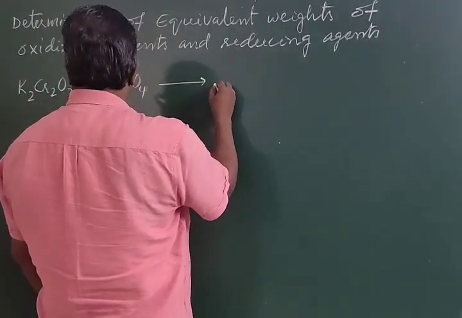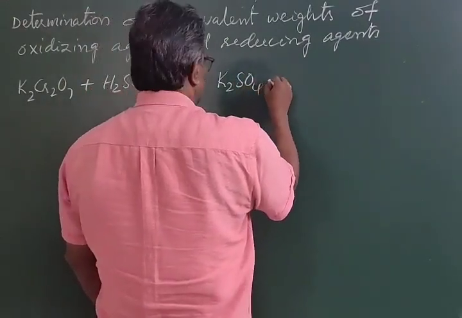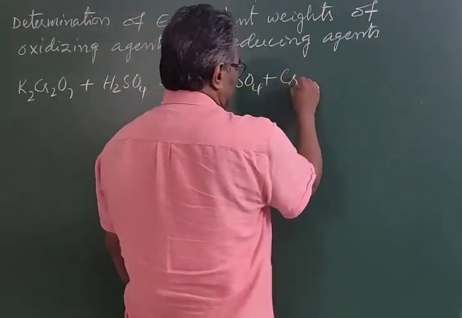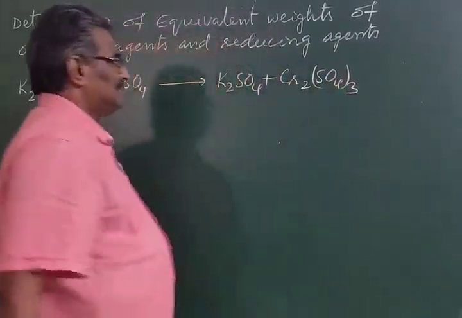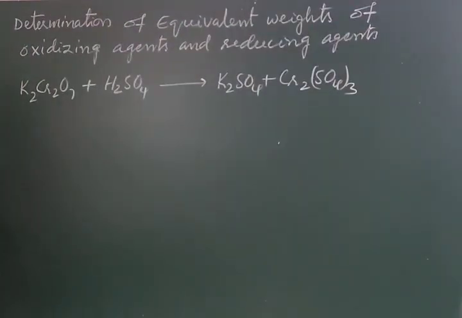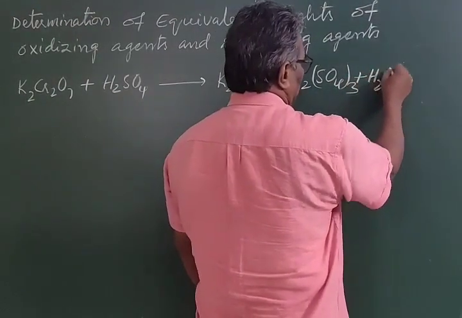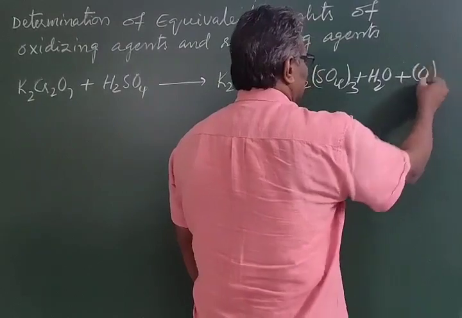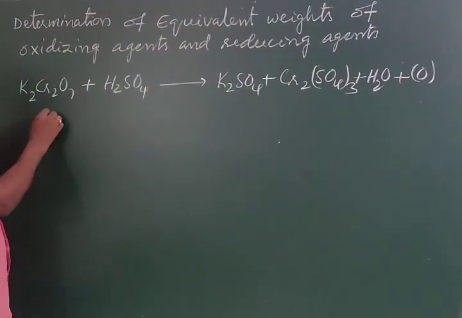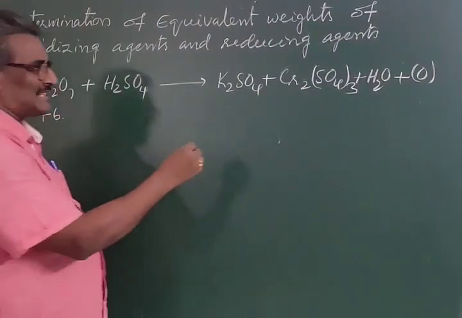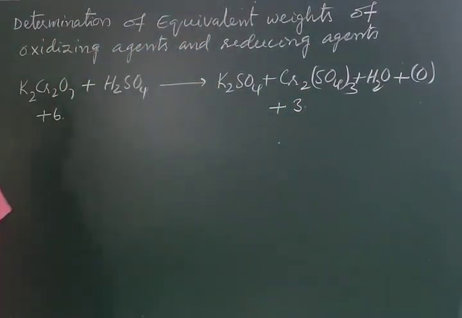The substances formed are potassium sulfate, chromium sulfate, Cr2(SO4)3 is the formula of chromium sulfate, plus water plus nascent oxygen. So in this, the +6 oxidation state of chromium changes to +3 oxidation state.